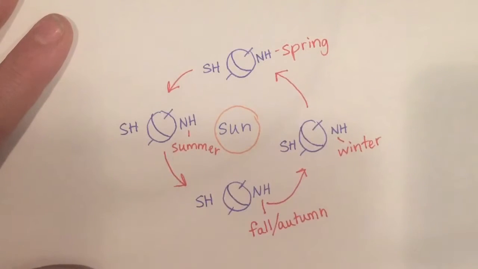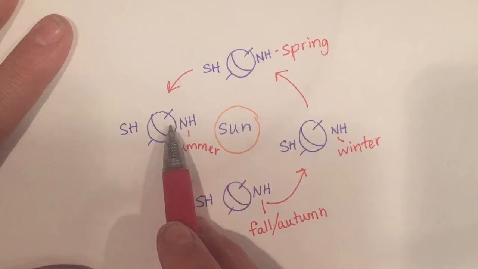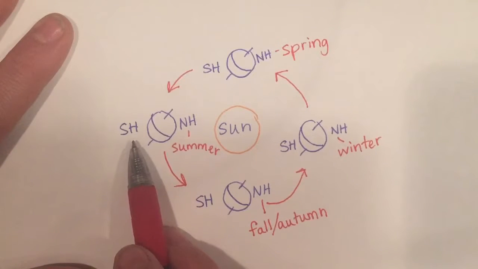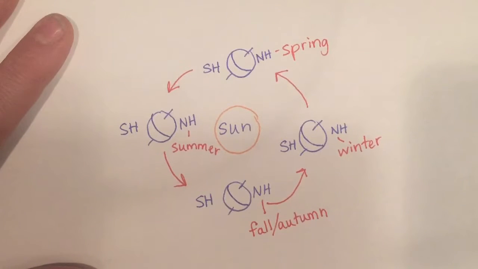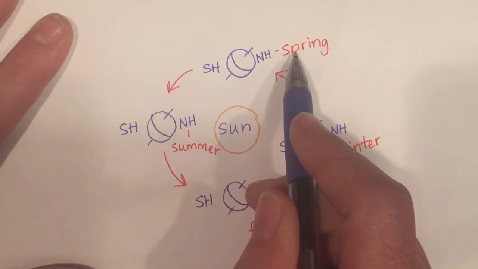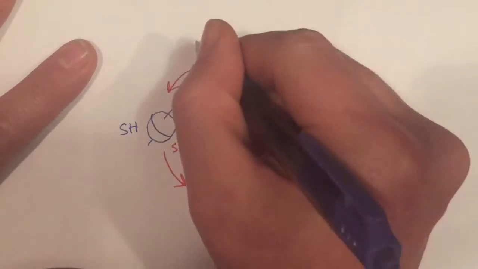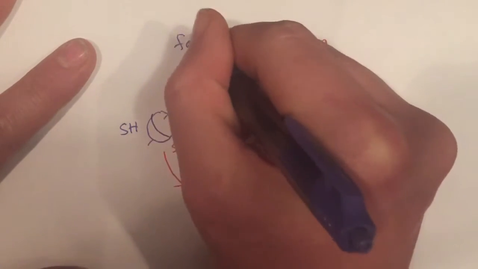What's interesting about seasons on Earth is whatever is going on in the northern hemisphere, the opposite is occurring in the southern hemisphere. So, while we in the northern hemisphere are experiencing spring, in the southern hemisphere they're going to be experiencing fall.